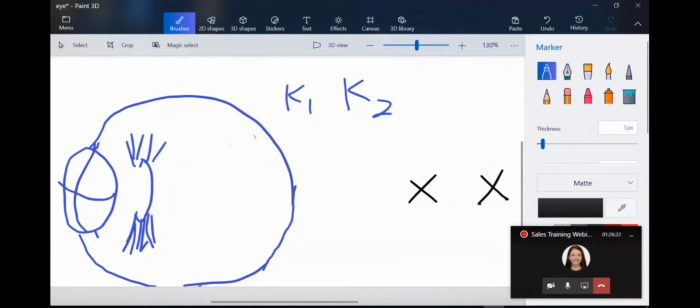And why I show the focal points a little bit way back here is because there's no lens in place.